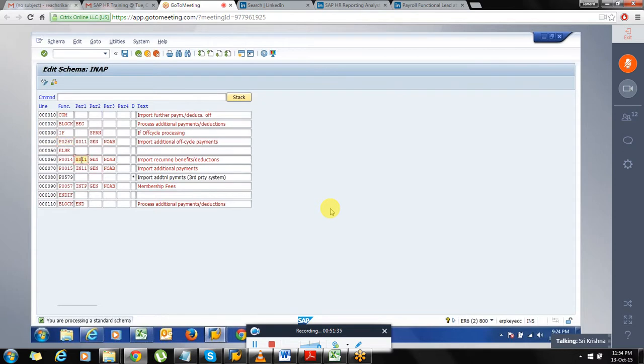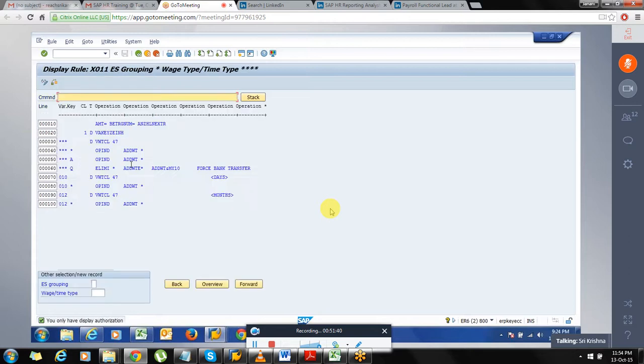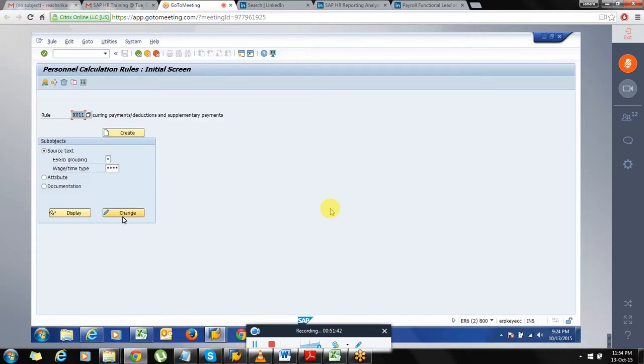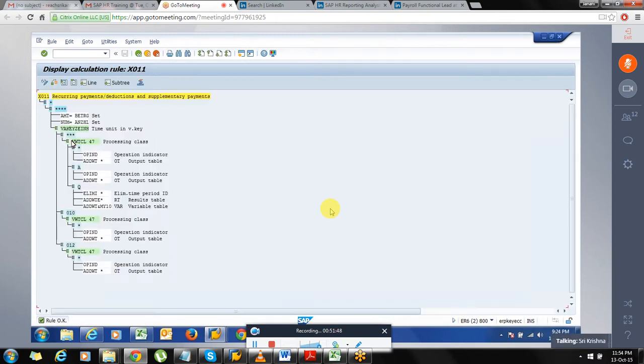In this PCR we have to add some other functionality. We will use processing class 47. In that processing class 47, instead of A Q we will create a Z, and we have to make the wage type participate in factoring. The complete concept I will explain tomorrow from the basics.